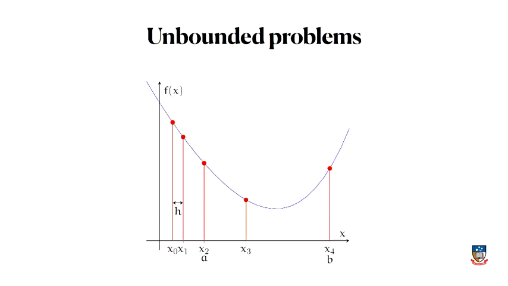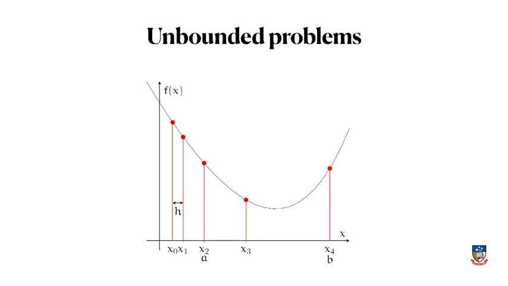Well, we've seen since the start, if we can find 3 points at which the function value goes down and then up, right? So 3 points where the middle point is lower than the other 2, then we know that there has to be the minimum for a unimodal problem somewhere in that interval. So the idea is essentially to pick a point, x0, evaluate the function there, evaluate a point near it, so another x1, and hope that that's heading downhill.